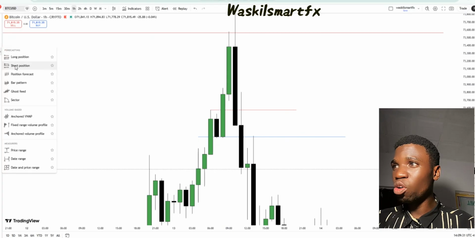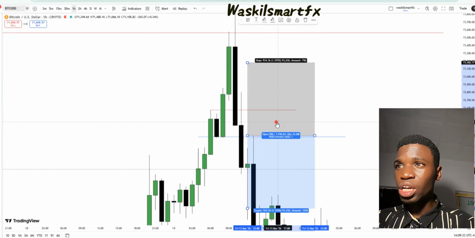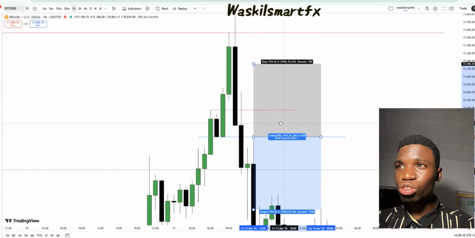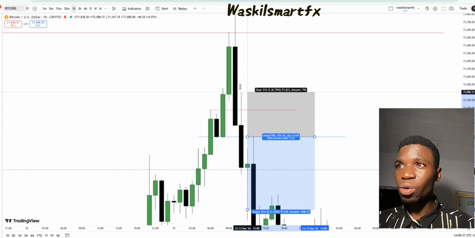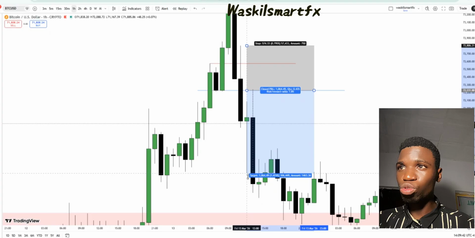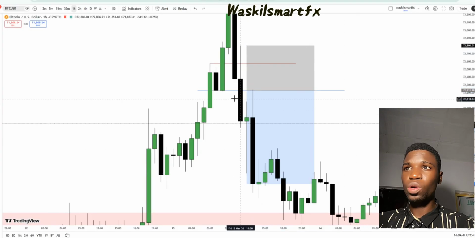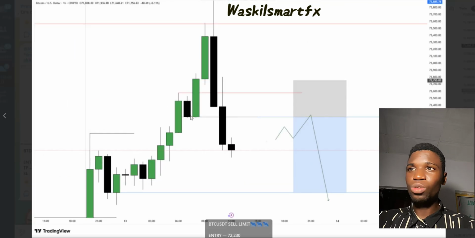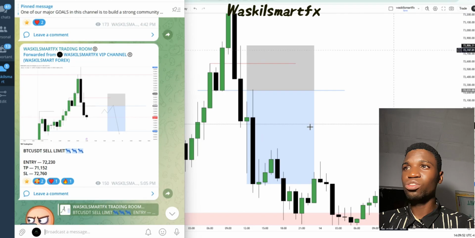What am I looking for in the two body rejection? I'm really looking for market to come back to the two body rejection and sell. So that is why I took this trade 1 to 2, just 1 to 2, and market enters into it and sells. You can see what I'm talking about here. That's the two body rejection, and market comes there and sells.